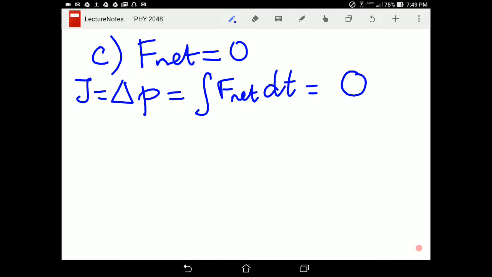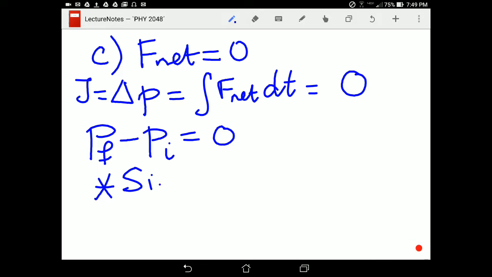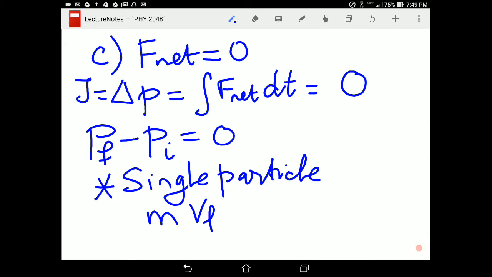What that means is that the final momentum minus initial momentum would be equal to 0. But if we are focusing on a single particle, which is a case where the mass doesn't change, then there's not much to say here except that the mass times the final velocity is equal to mass times the initial velocity, which tells us essentially that the final velocity is the same as the initial velocity.